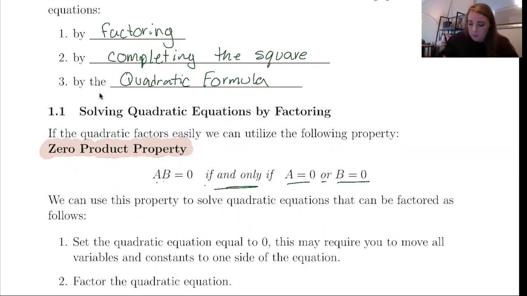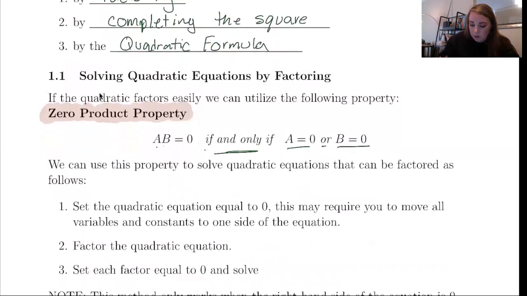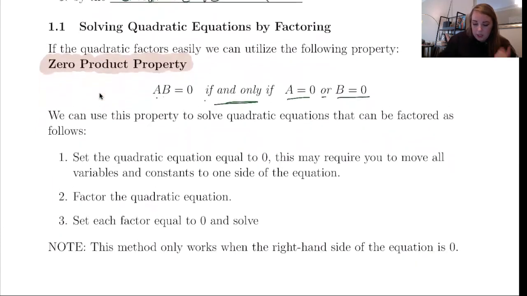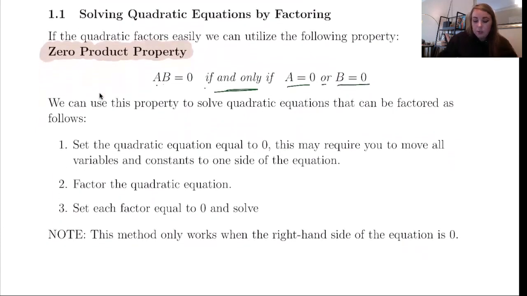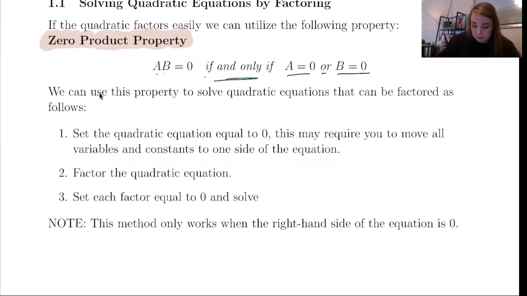Got to move things over. So this may require you to move all the variables and constants to one side of the equation. Then I'm going to factor the quadratic, set each factor equal to 0, and solve. This method only works when the right-hand side is set equal to 0, so really focus on that.